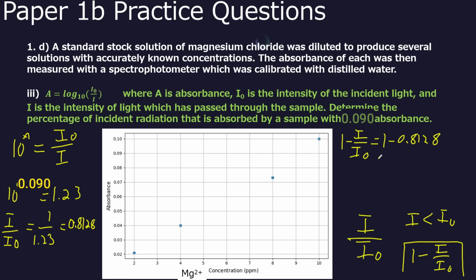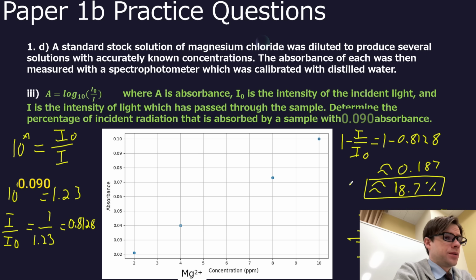So this will be about 0.187 or 18.7%. I think the significant figures can get a little bit difficult to put through here, but 3 I think is fine here. All right, so that's how I would recommend that you do this. Not that easy, but this type of equation will appear in physics as well with sound. All right, let's move on.